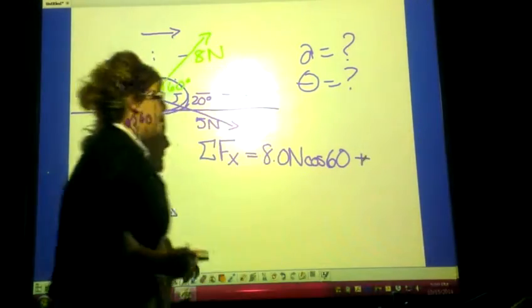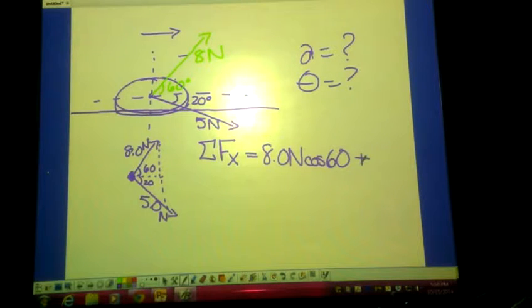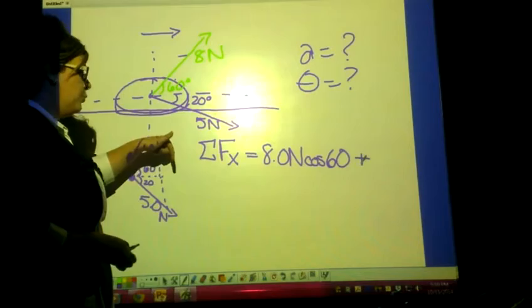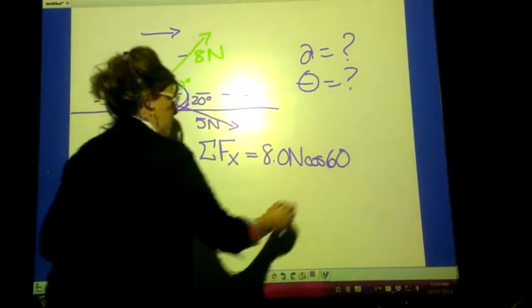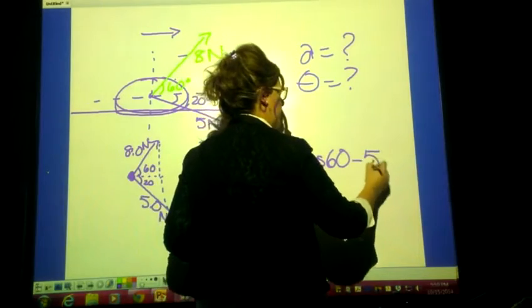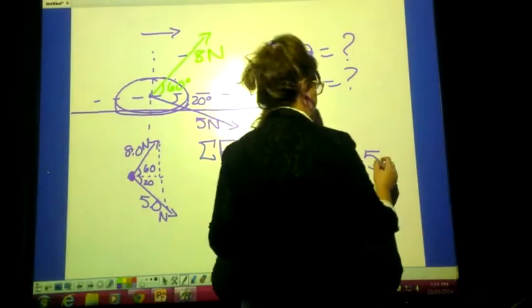But I also have an x component of the 5 newton one, which would be, and that one is directed downward, so I would say a negative 5 newtons times cosine 20.